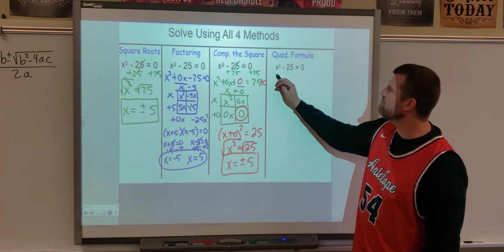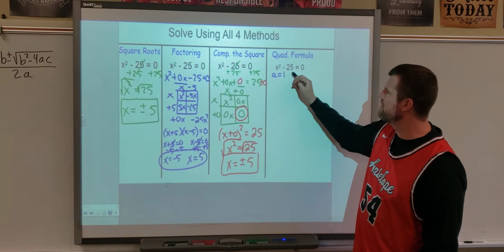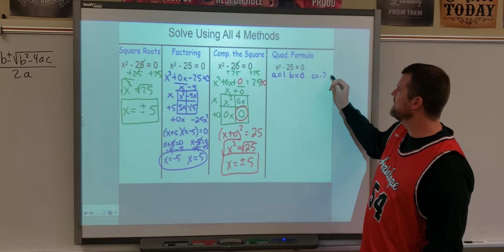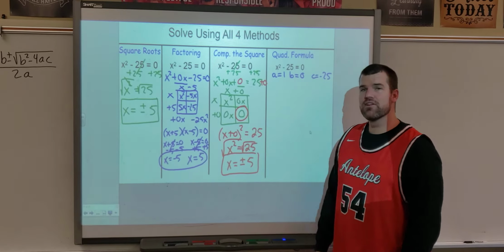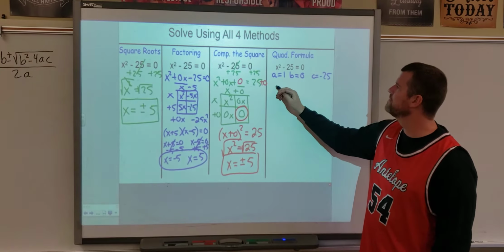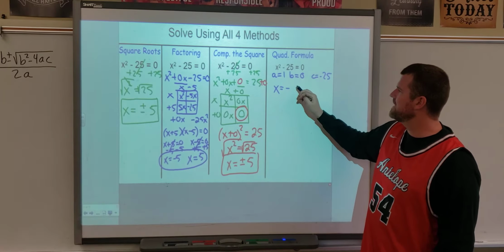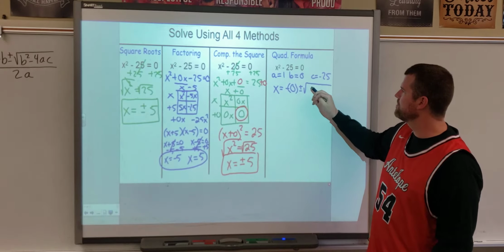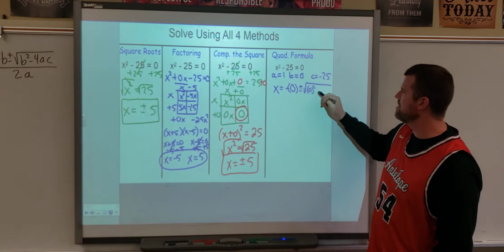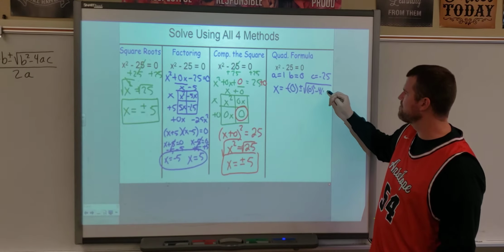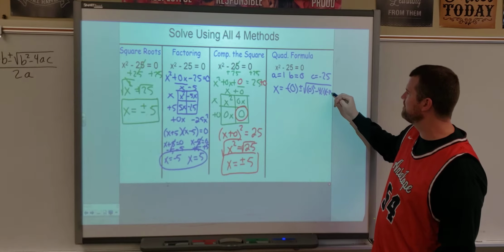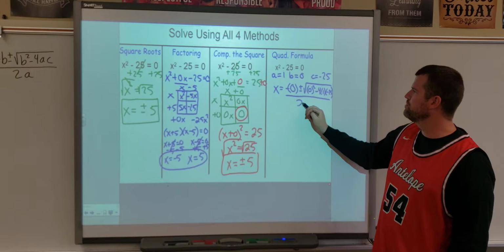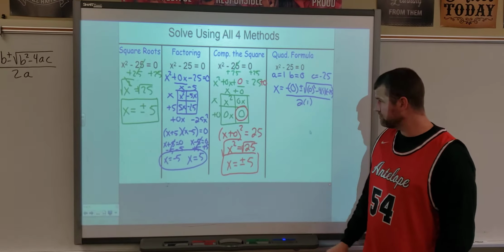Let's check it out. Our a value is 1, b is 0, c is negative 25. Plug those into the quadratic formula. X equals negative 0 plus or minus the square root of 0 squared minus 4 times 1 times negative 25, over 2a.